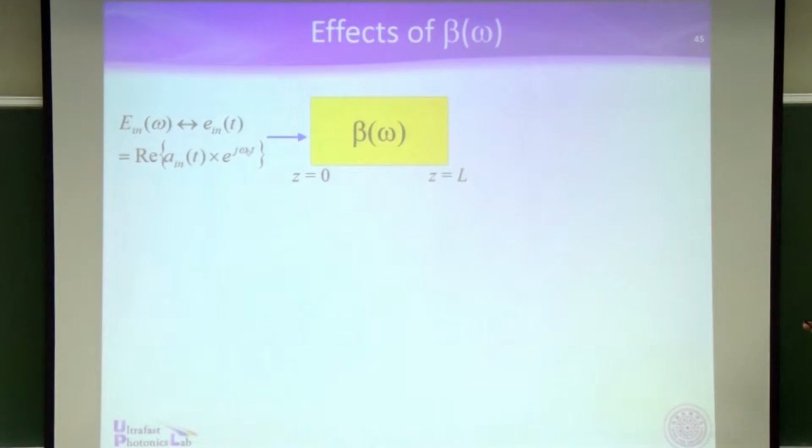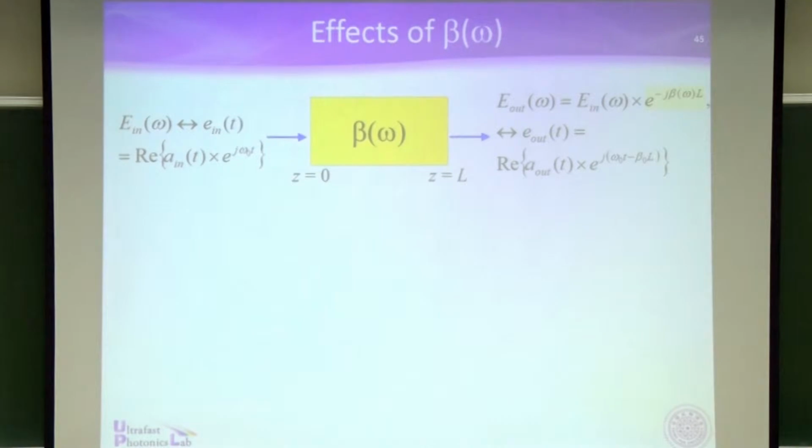Very easy, right? Because beta means wave vector or wave number. Then what is the contribution of the material? It will contribute a phase, which is beta times interaction distance L. That's it. So the modeling is like this. The output spectrum is equal to the input spectrum times a pure phase modulation in the frequency domain.